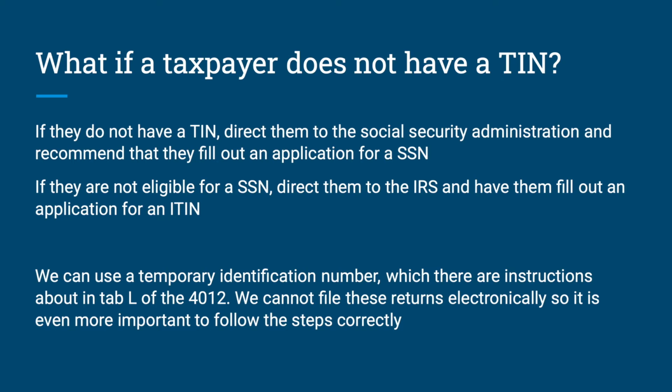But if they are not eligible for a social security number, we will direct them to the IRS and have them fill out an application for an ITIN, because again, an ITIN is for individuals who are not eligible for a social security number, so that is what we would refer them to.